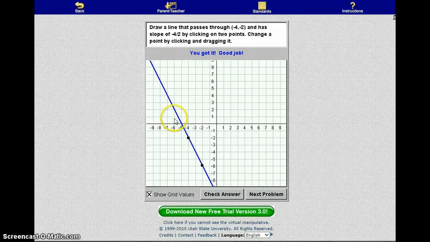See, a negative 6 plots to a negative 2, but a negative 5 plots to 0. So the y values are steadily declining. This is a line with negative slope, with the y values steadily declining.